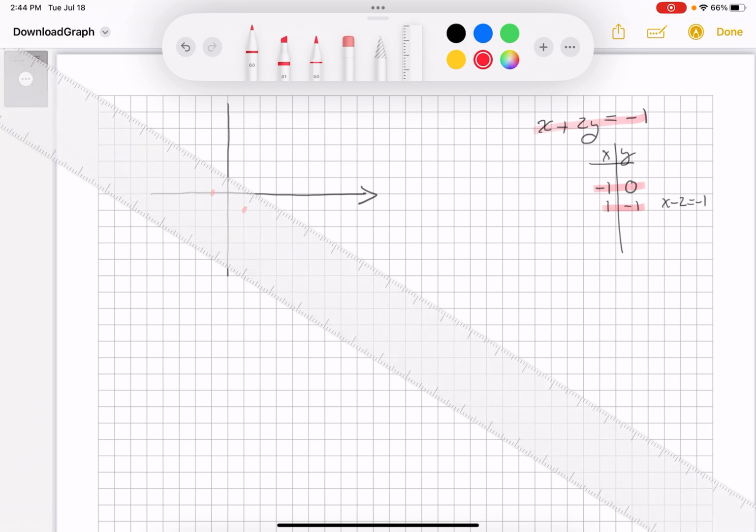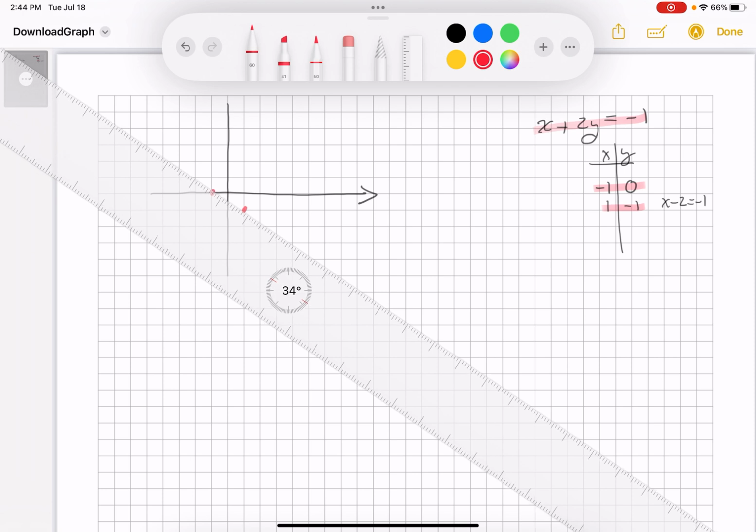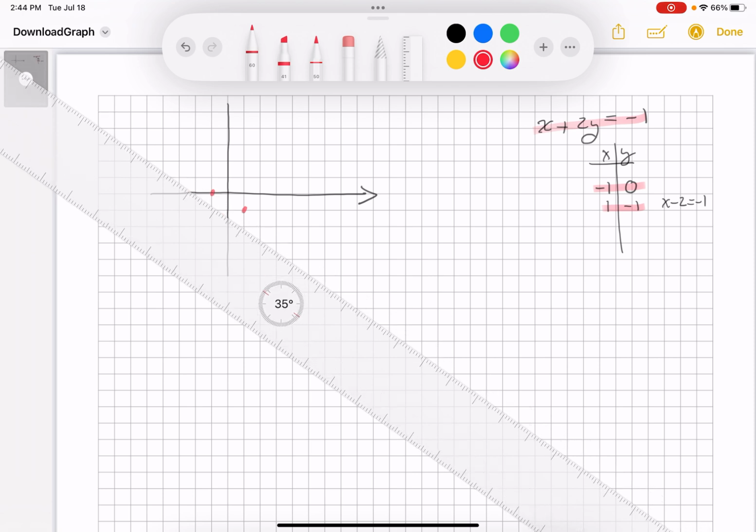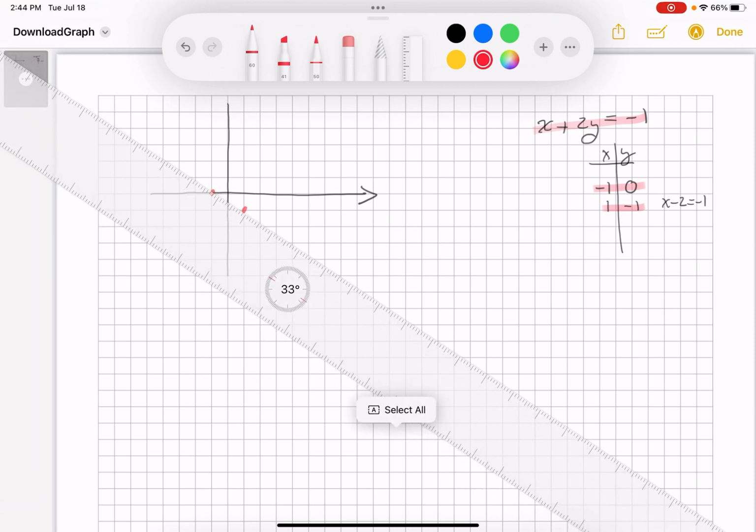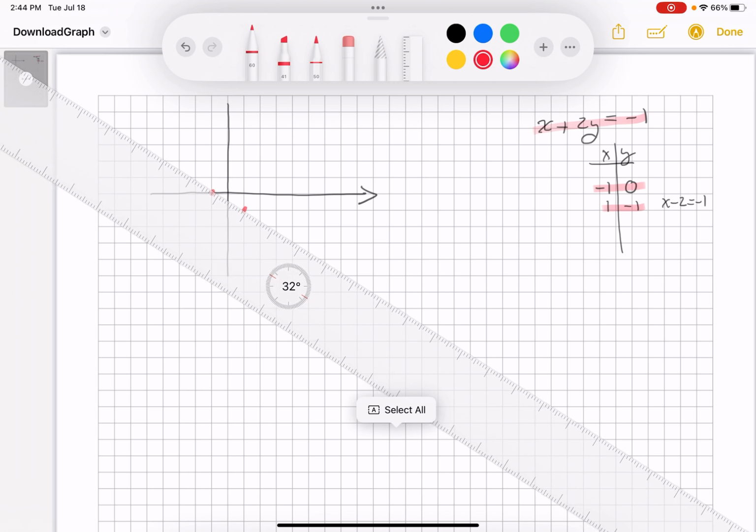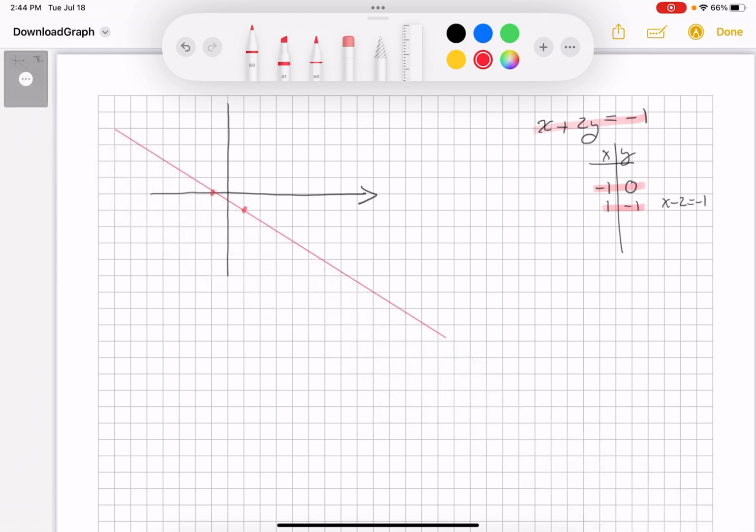I'm going to get the ruler out, and make some attempt anyway to graph this. So down 1 over 2. It's close enough, I guess, right? Where's the ruler? Okay. We just did one line.